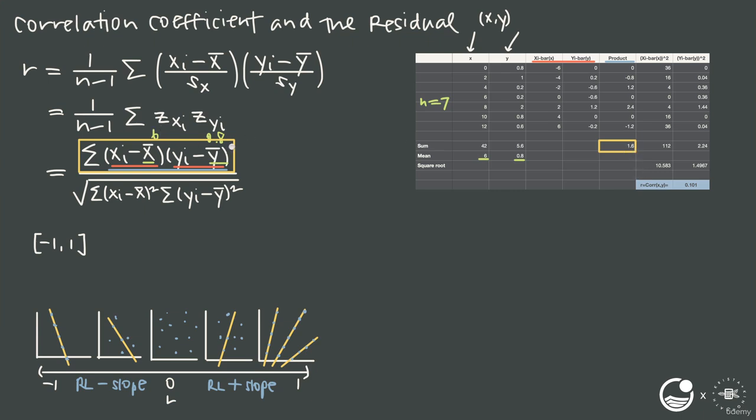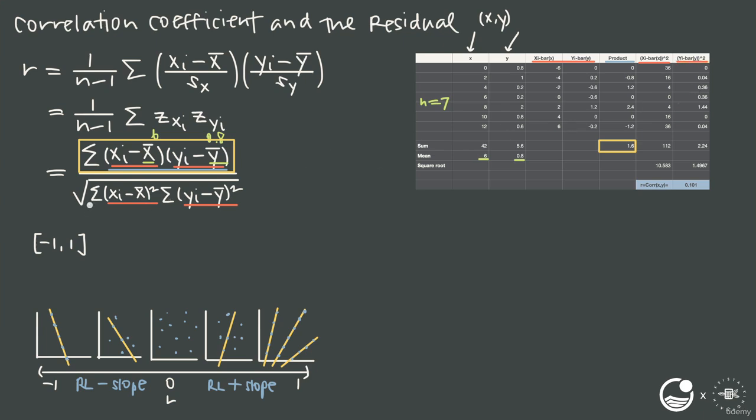And then in the denominator, we again have these X sub I minus the mean of X values, but we need to square them. So we use this column here to square all the values in this column. In other words, we are getting this squared value here in this column, and we're getting this squared value here in this column, and then we need those sums.